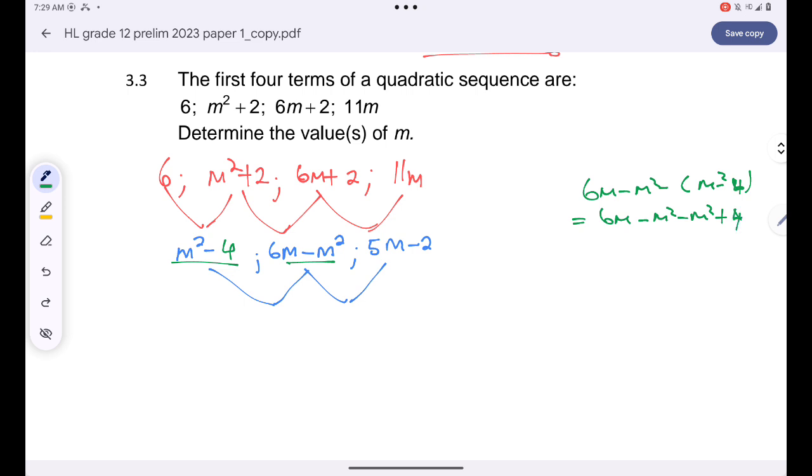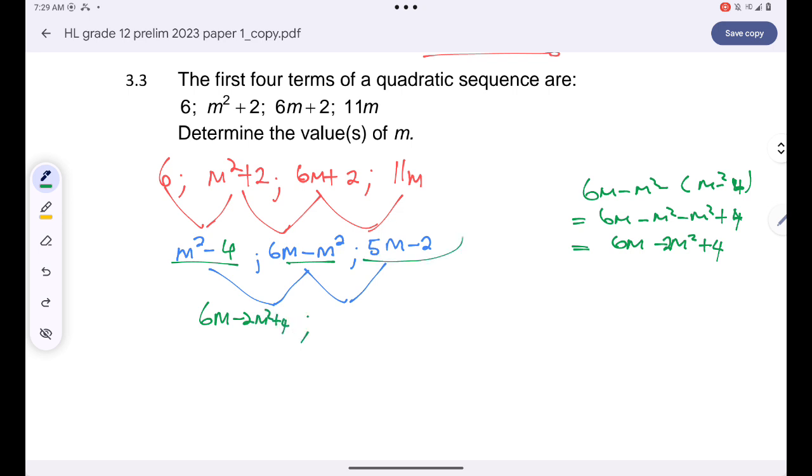Excuse me about that. And then I'll simply have 6m minus 2m squared plus 4.